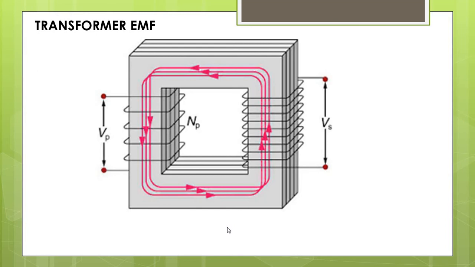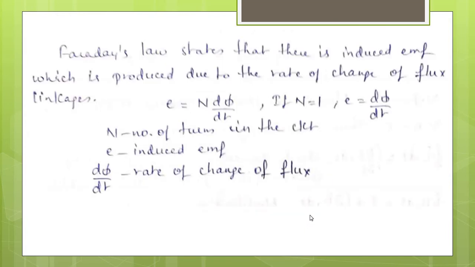So this is the principle of transformer EMF, the rate of flux linkages. If the flux linkages are changing with respect to time, an induced EMF is generated, which is known as the transformer EMF. According to Faraday's law, there is an induced EMF which is produced due to the rate of change of flux linkages.